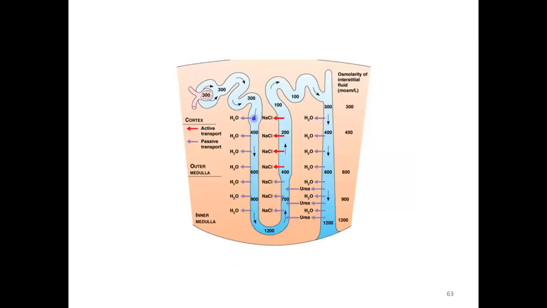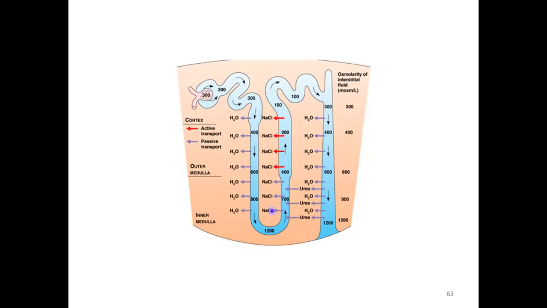Good. Here's another picture that just reiterates the idea. Water is going to get pulled into the interstitium and into the bloodstream. Look at the concentration gradient: 300, 400, 600, 900, 1200. Urea and sodium are going to set up that concentration. Urea is getting pulled out of the collecting duct and sodium chloride is getting kicked out of the loop of Henle, so the sodium and the urea actually make the concentration gradient.